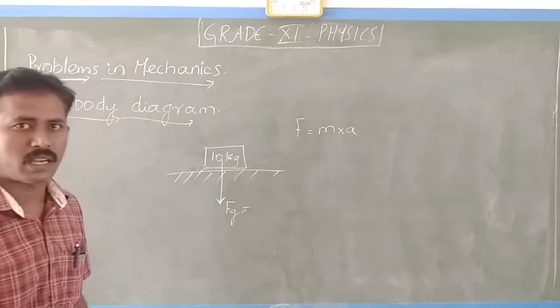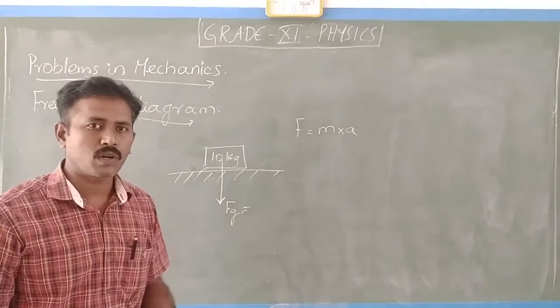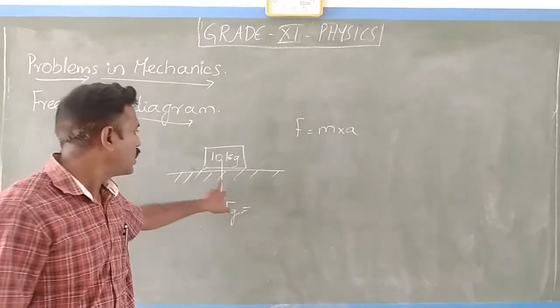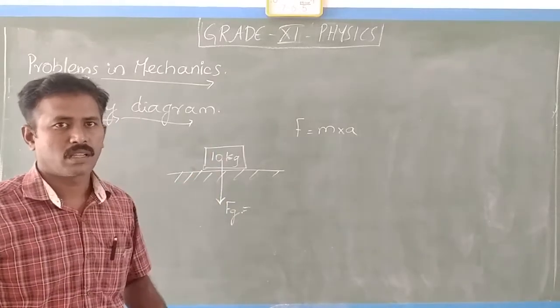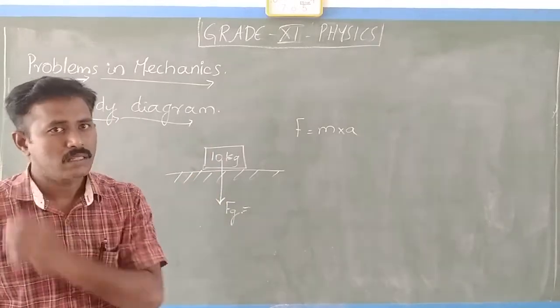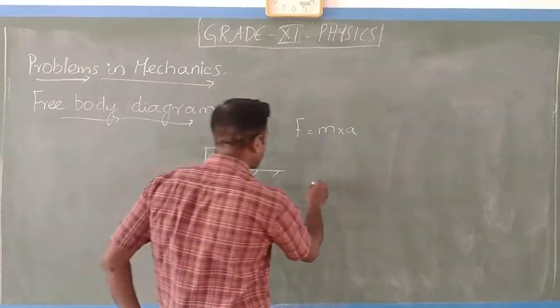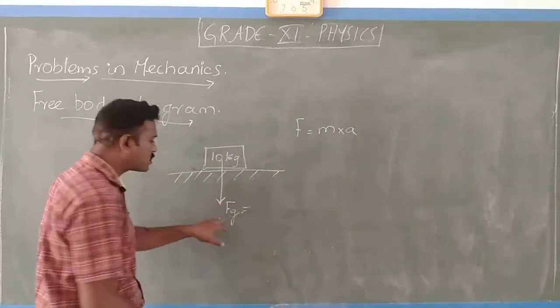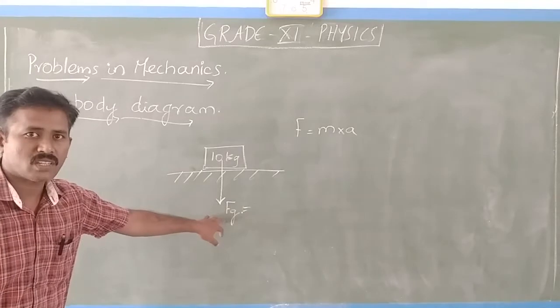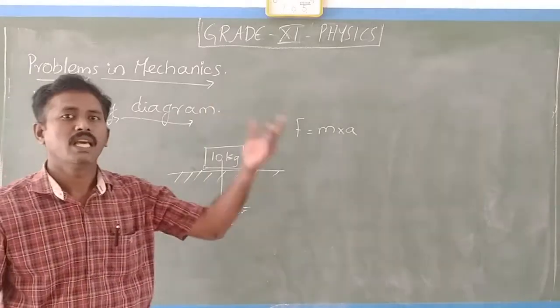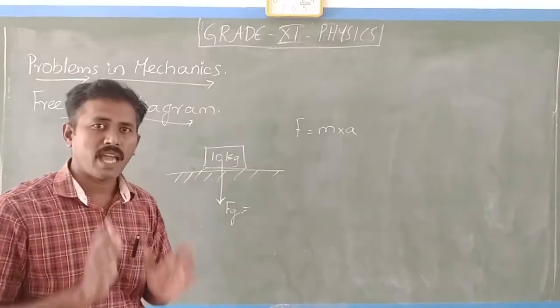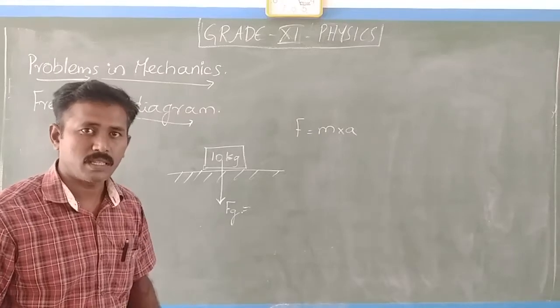That is Newton's second law. And Newton's third law is what? Equal and opposite forces. If mg is downward, every action has an equal and opposite reaction.